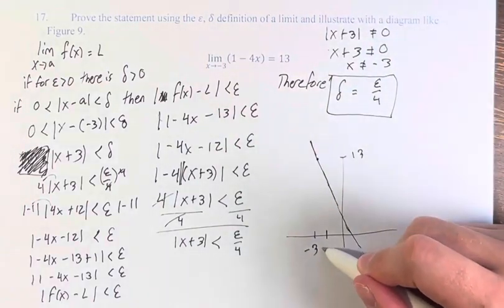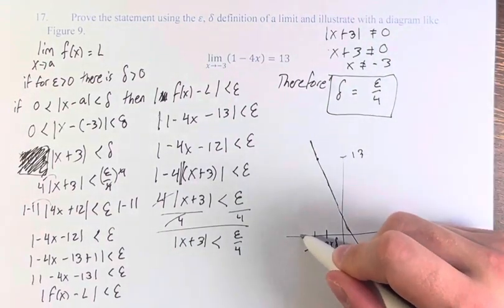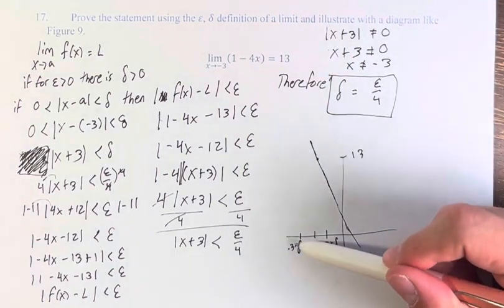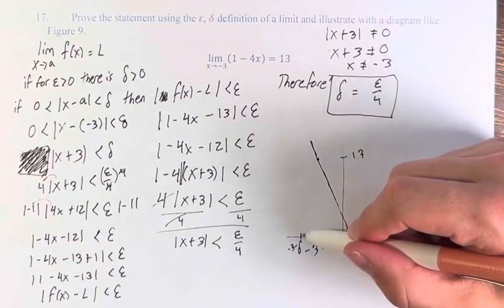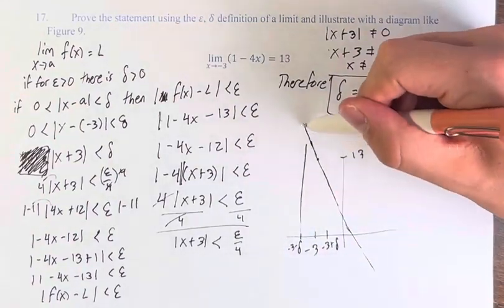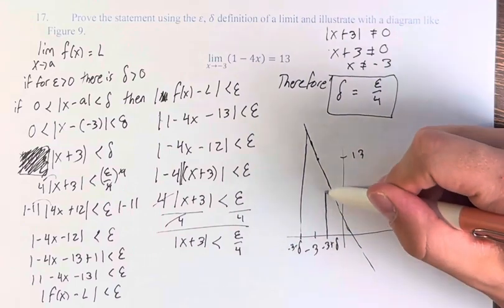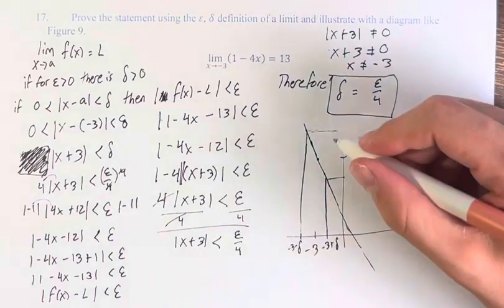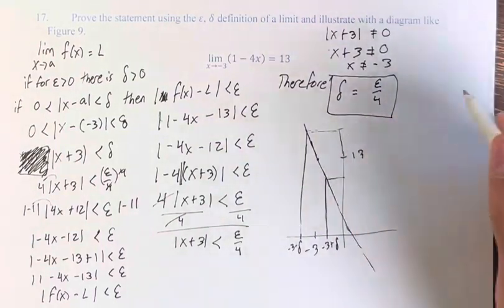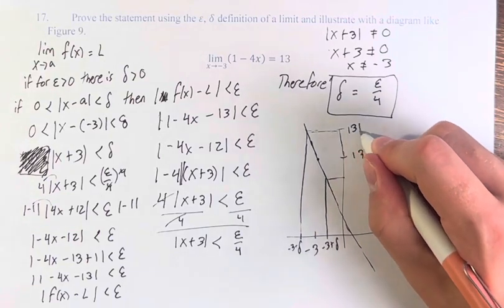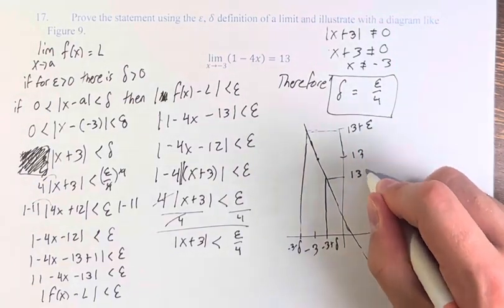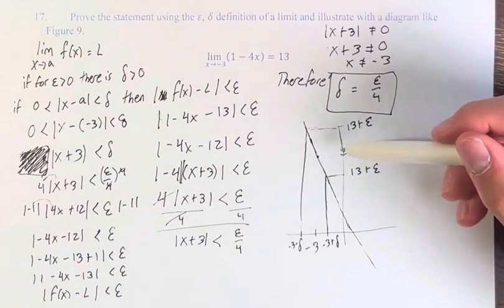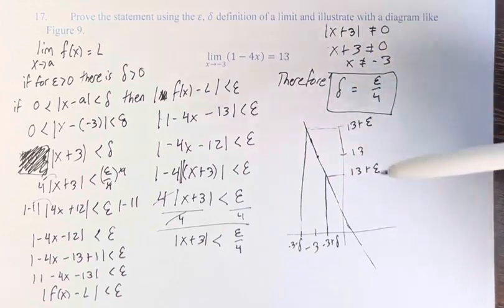And if we go delta away from -3, so subtracting delta from it, adding delta to it, we'll get equivalent y values that are associated with this function, and these y values will be epsilon away from 13. And for all of the x values that you plug in, all of the y values will be within this range for any given epsilon.